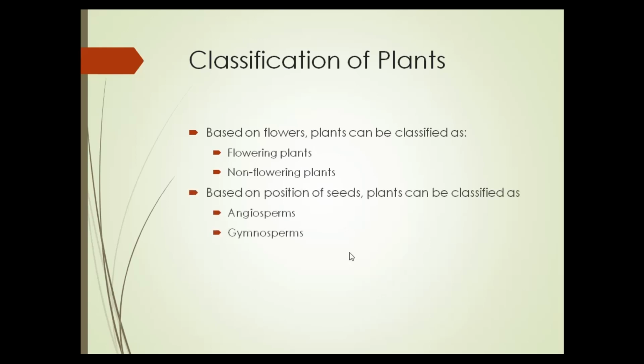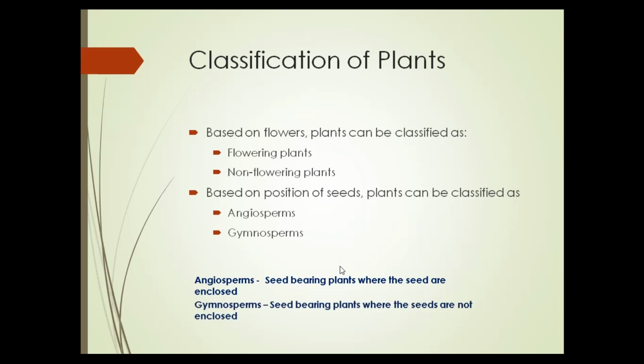Based on position of seeds, plants can also be classified as angiosperms or gymnosperms. Now, what is an angiosperm? These are seed-bearing plants where the seeds are typically enclosed, meaning the seed is protected by some surroundings. Now, what are gymnosperms? These are seed-bearing plants where the seeds are not enclosed, which means the seeds are directly exposed to everyone.